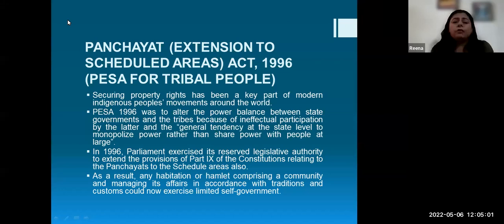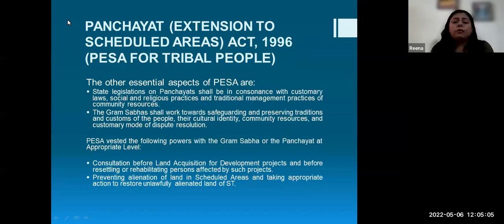And the other essential aspects of PESA were that the state legislation shall be in consonance with the customary laws and religious practices. Even the Gram Sabhas were responsible for safeguarding and preserving the traditions and customs of the people. And again, there have been specific powers given to the Gram Sabha or the Panchayat for consultation, for organization, for development projects.